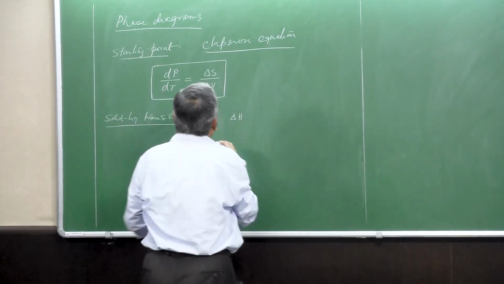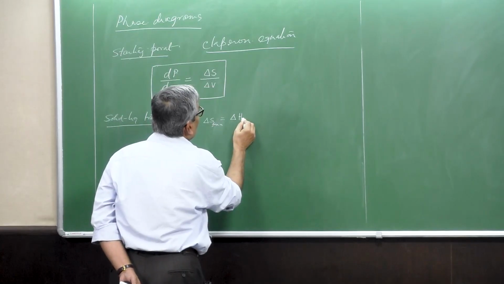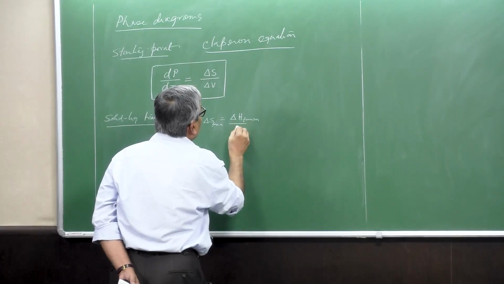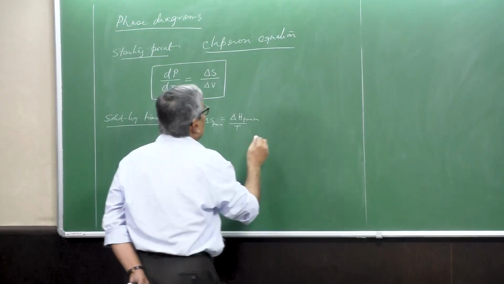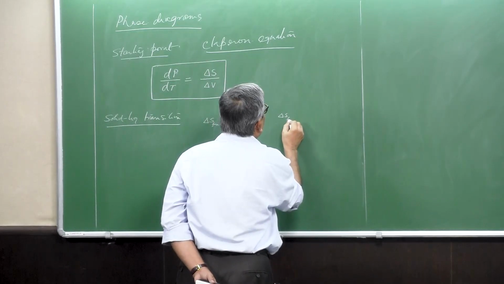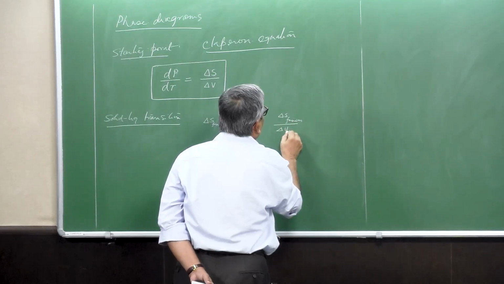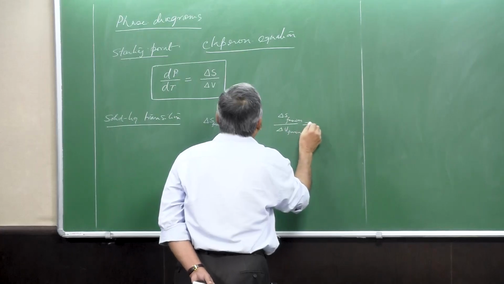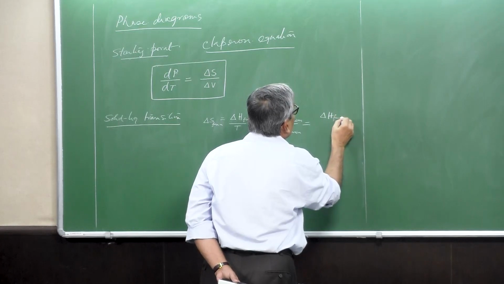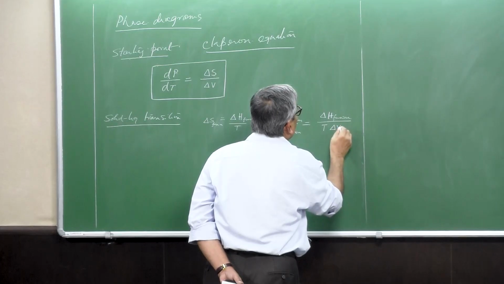So, this is for fusion: delta S fusion is equal to delta H fusion divided by T. This means that delta S fusion by delta V fusion is equal to delta H fusion by T times delta V fusion.